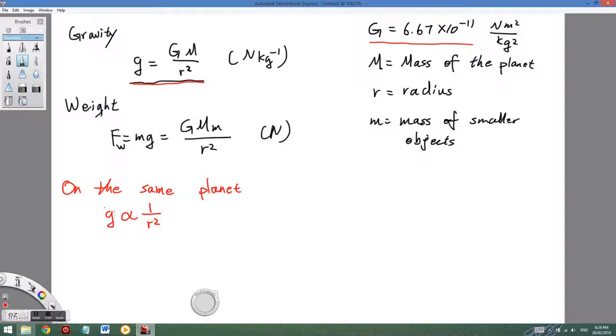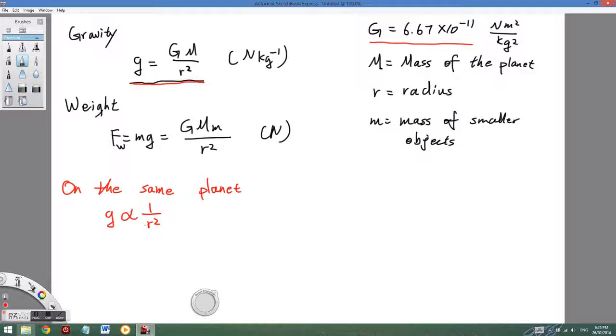Now, it means we can derive from this that when the radius increases, the gravity decreases. When the radius decreases, the gravity increases.